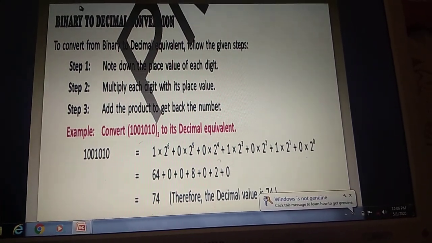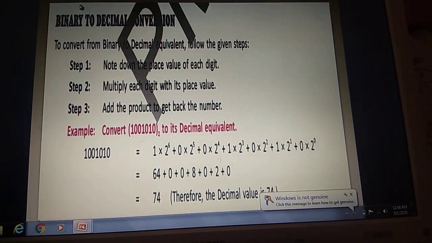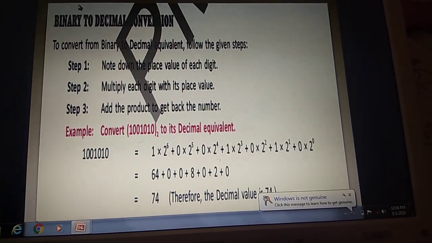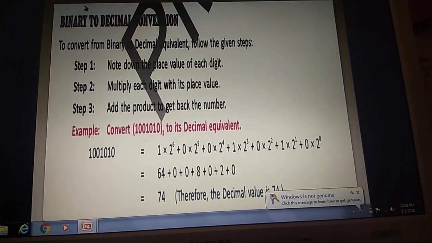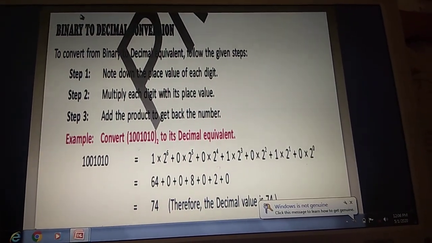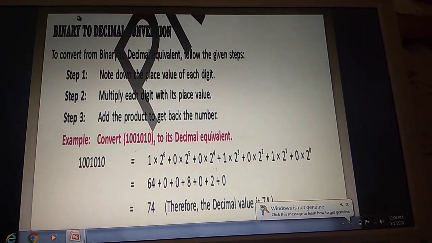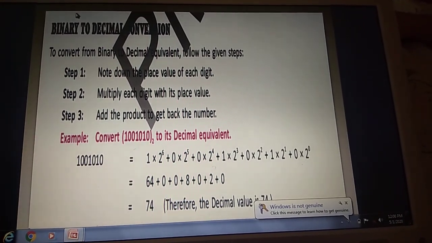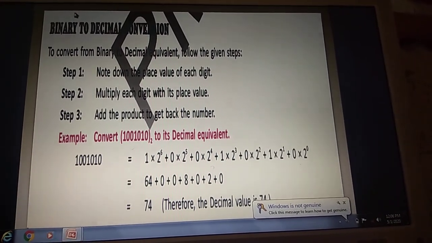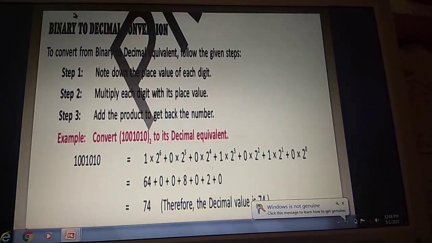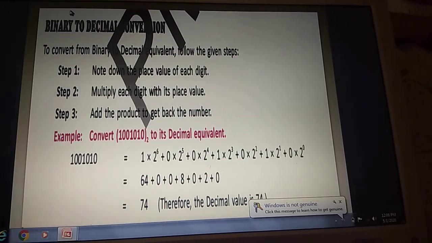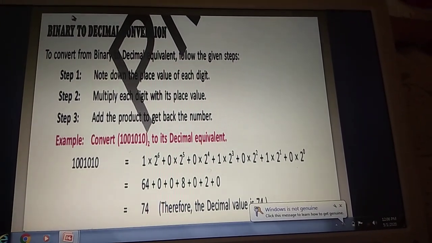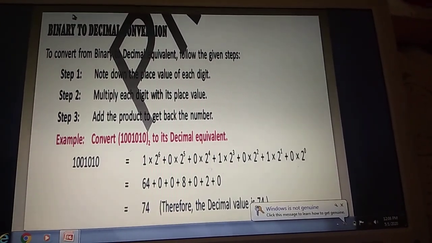Rule number 1: when you find any binary number, first note down the place value of each digit. Rule number 2: multiply each digit with its place value, then add the products to get the number back.